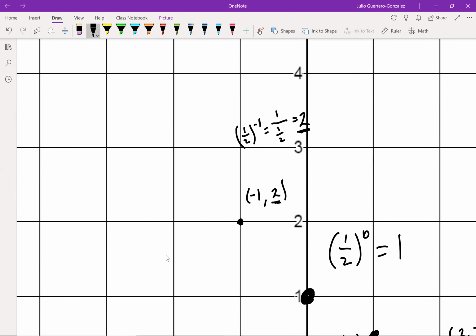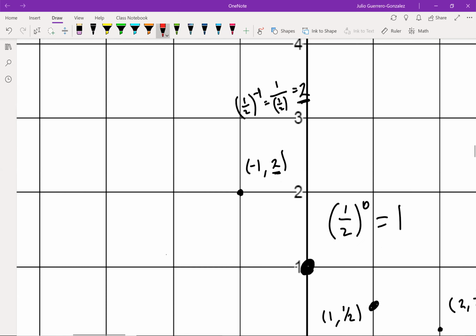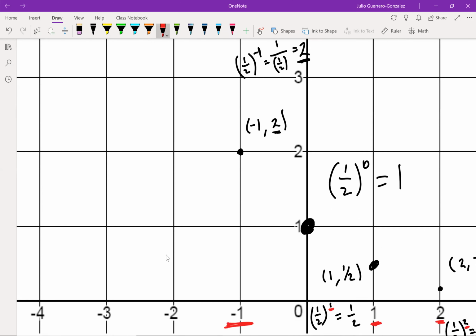And again, same work goes on here. -1. Hopefully everybody can read that. The same work here: this -1 that's down here is that exponent.